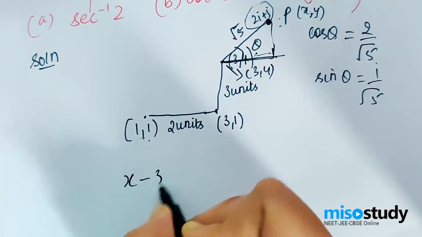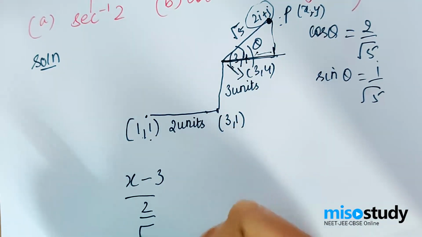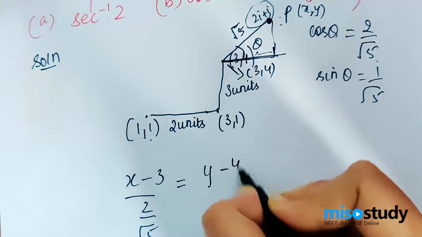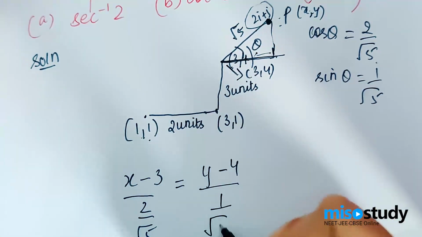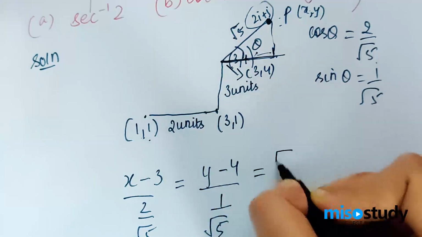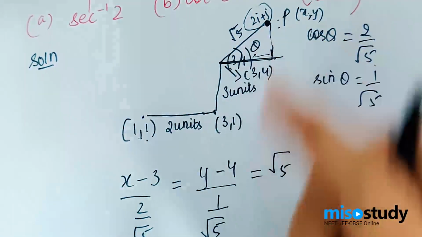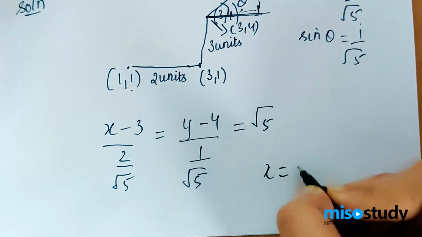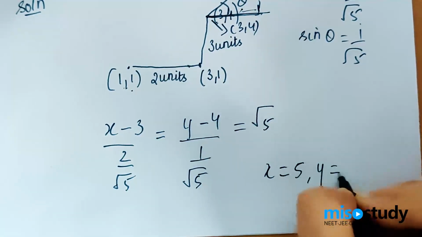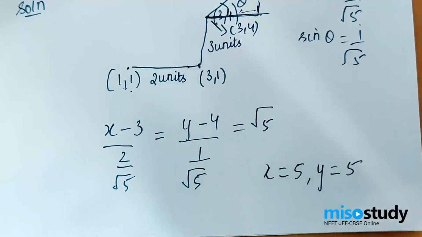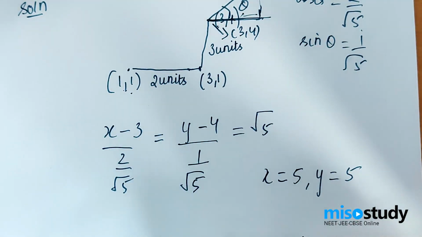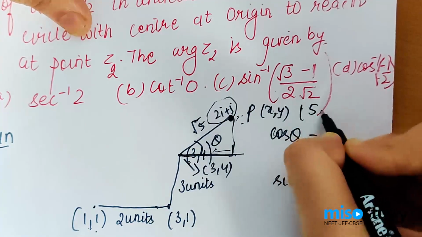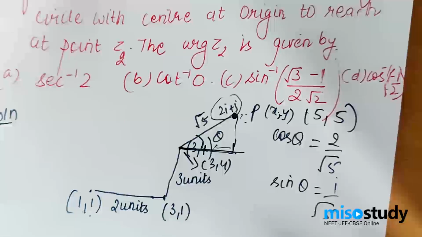So (x minus 3) upon cos theta, that is 2 by root 5, equals (y minus 4) upon sin theta, that is 1 by root 5, equals root 5, the given distance. From here I evaluated that x equals 5 and y is also equal to 5. You can just calculate, it's a simple calculation. Understood? So this point P comes out to be (5, 5).